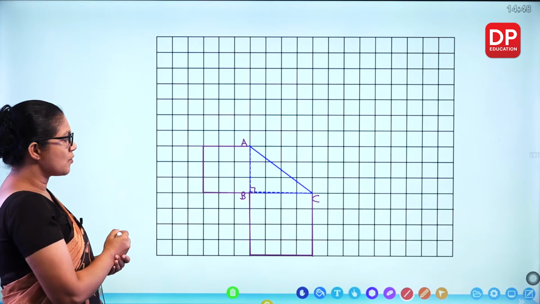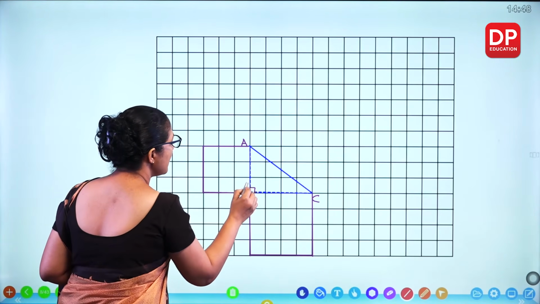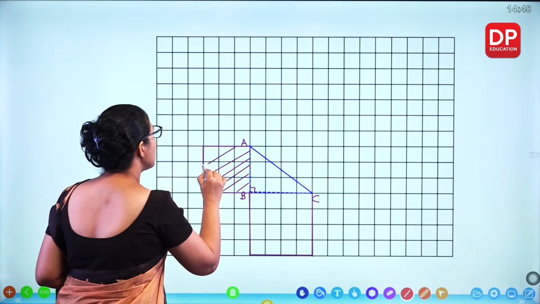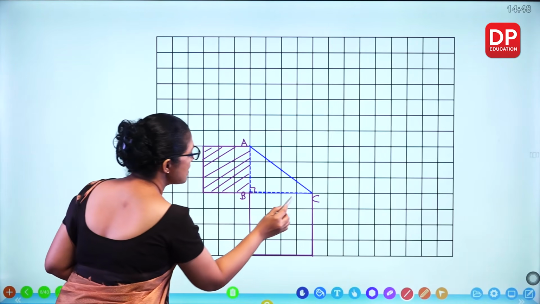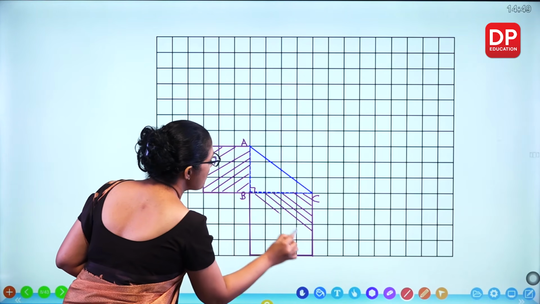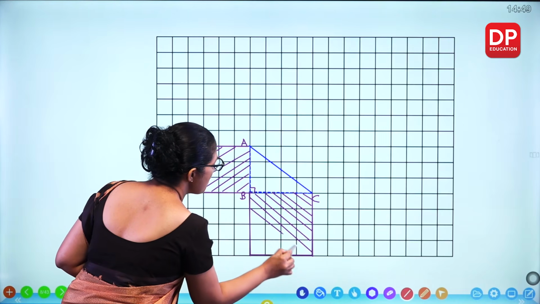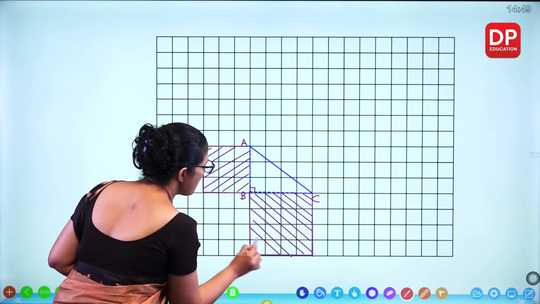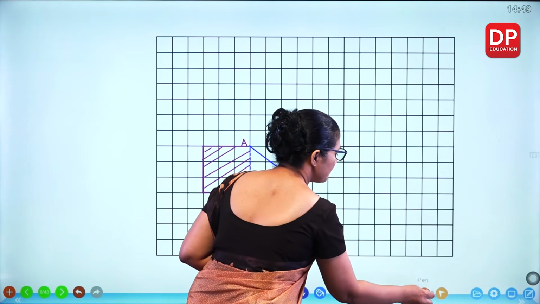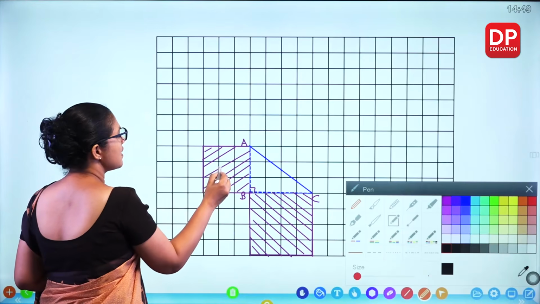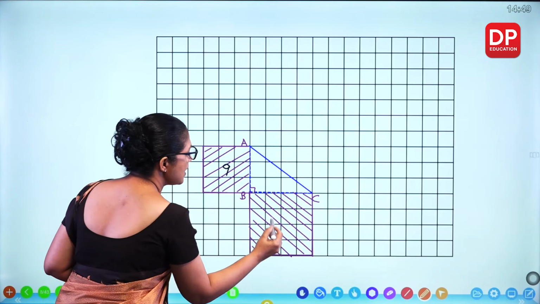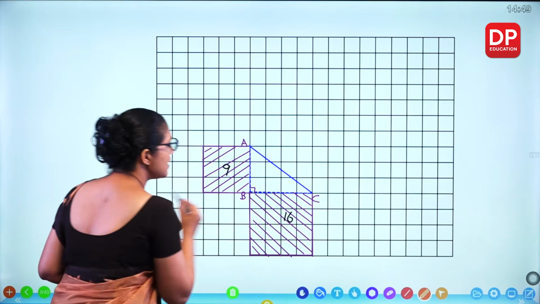Here I'll try to color that. This is 3 by 3 and this is 4 by 4. So what's the value? This is 9. And this is 4 by 4, 16 as the area.